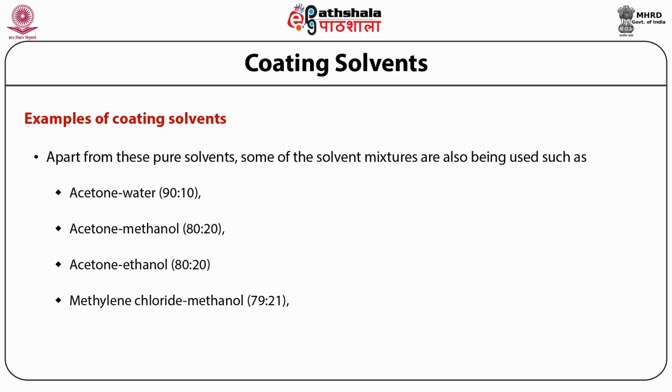In some cases we use a completely organic solvent, a water miscible solvent, and some water also. That is the last example, methylene chloride, methanol and water in 75:22:3 ratio.